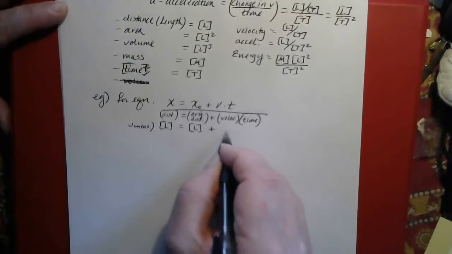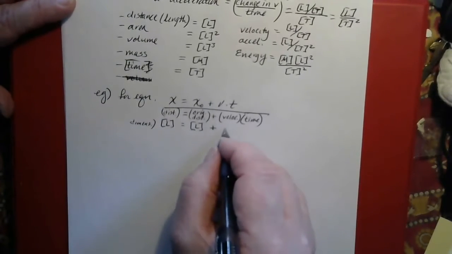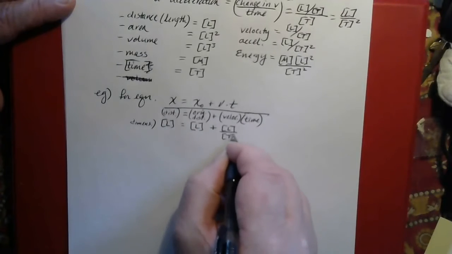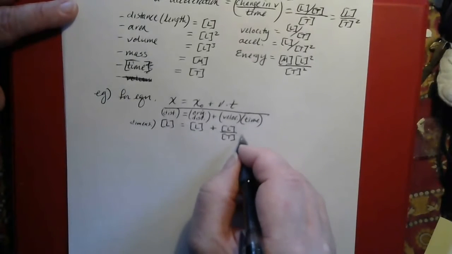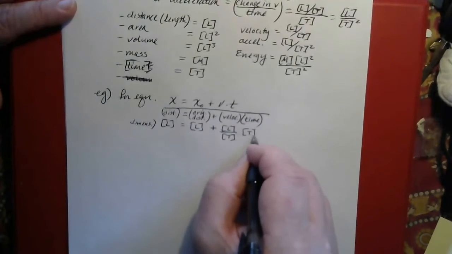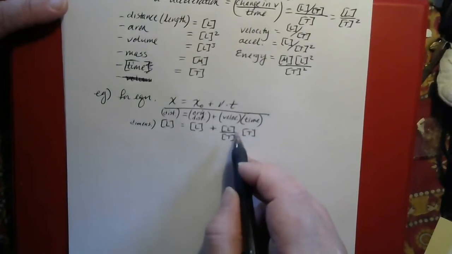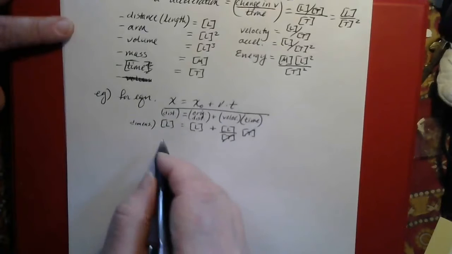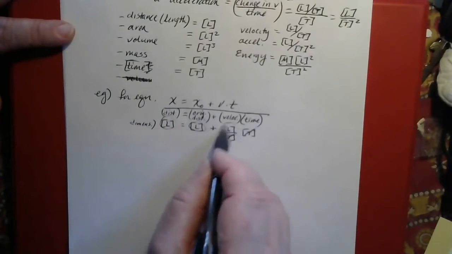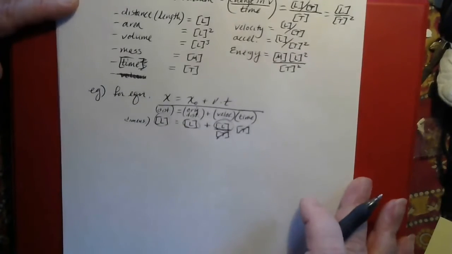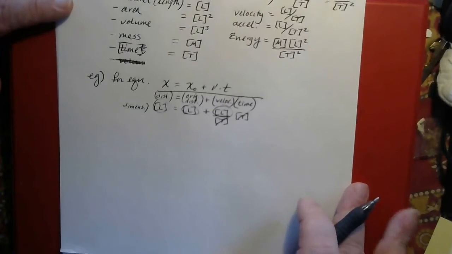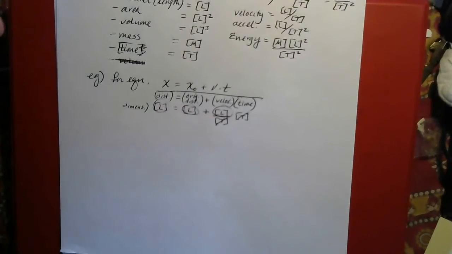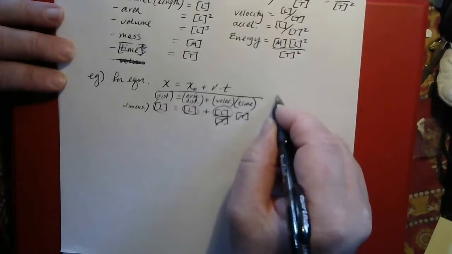Velocity is represented as distance, which is capital L, over time. And time is just time. Notice, though, that when you take L over T times T, the T's cancel out, and you end up with L, L, and L as the dimensions for every term in that equation. So they all have the same dimensions, and that's something that is required whenever you're adding or subtracting.